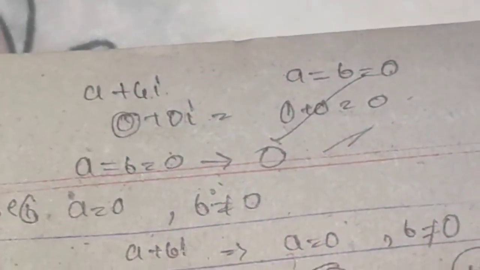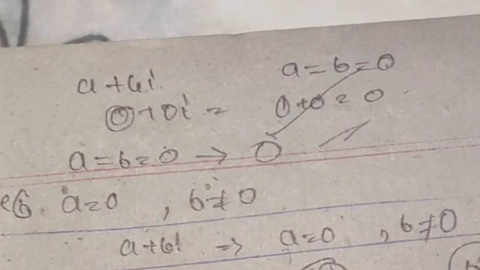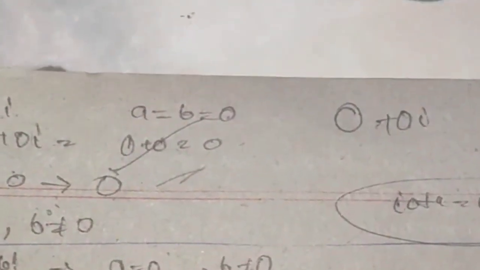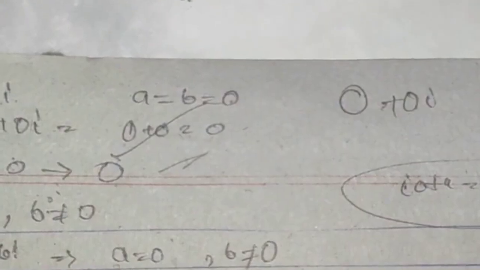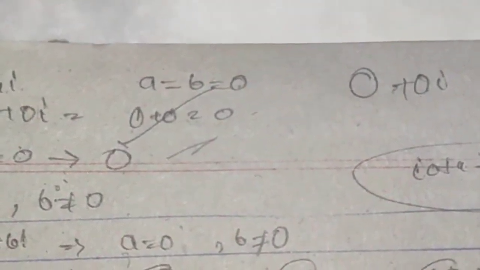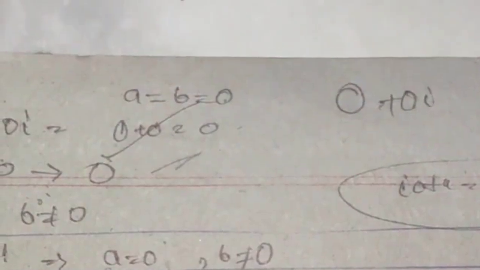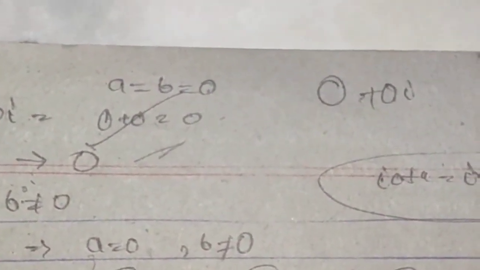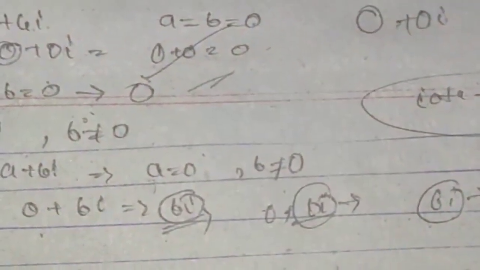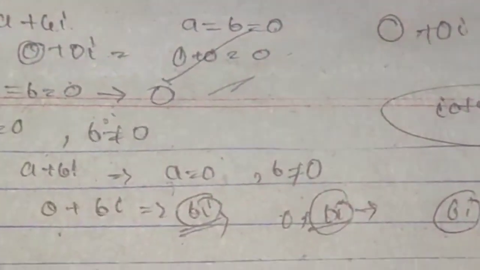This complex number is imaginary. It has no real value; although the real part is 0, it has no role. So bi is purely imaginary, 100% pure.